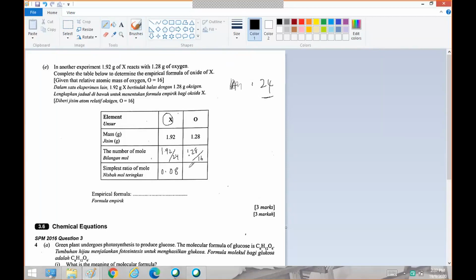Oops, yes. What I'm supposed to write is this ratio. So on both sides, I have 0.08. So I'm going to divide it by itself, and you get 1 on both sides. Therefore, the empirical formula will be XO.